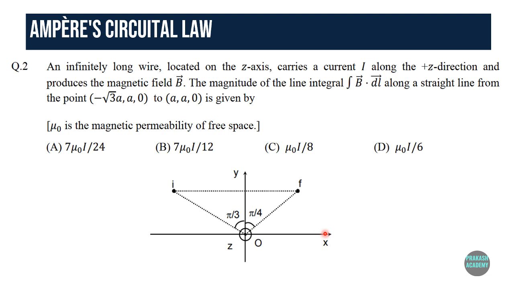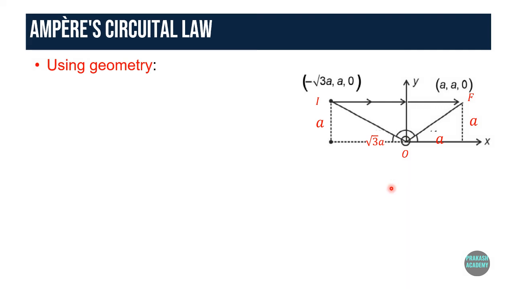So, it should lie in this quadrant. This point is somewhere here. So, we have to find this integral of B dot dl along this path, that is from i to f, and the constant mu naught is given. We have been given 4 options and we have to find which option is correct. So, let us try to solve this problem.